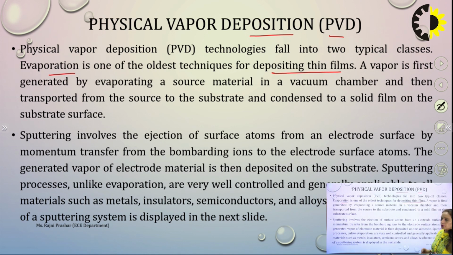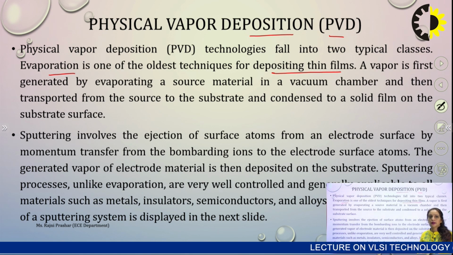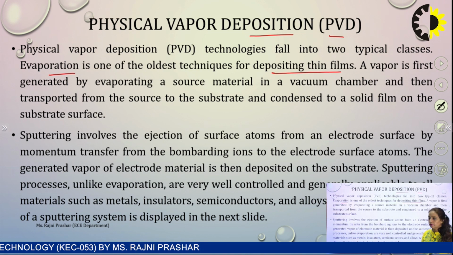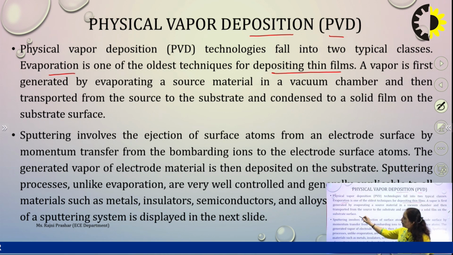A vapor is first generated by evaporating a source material in a vacuum chamber, and then it is transported from the source to the substrate and condenses to a solid form at the substrate surface.